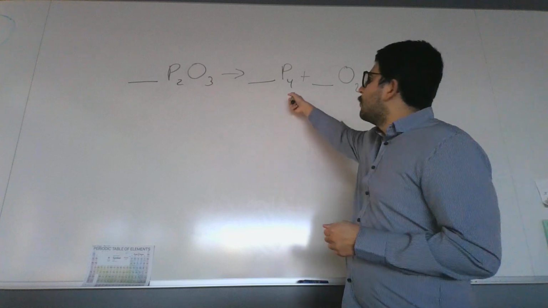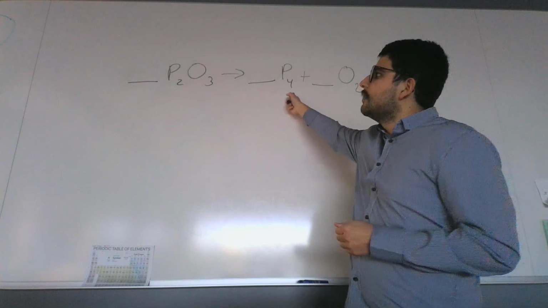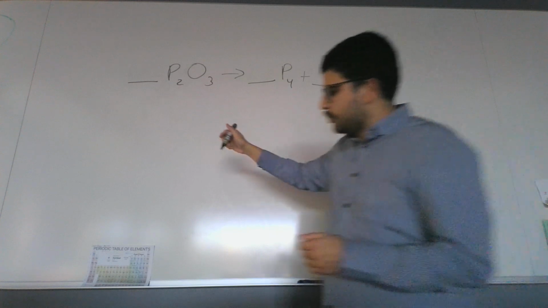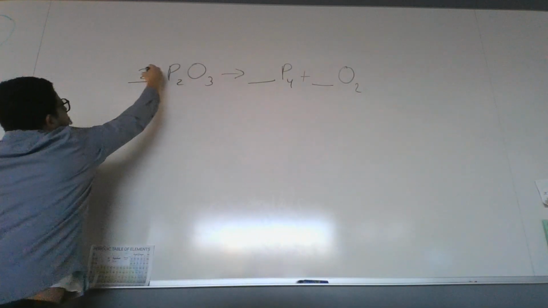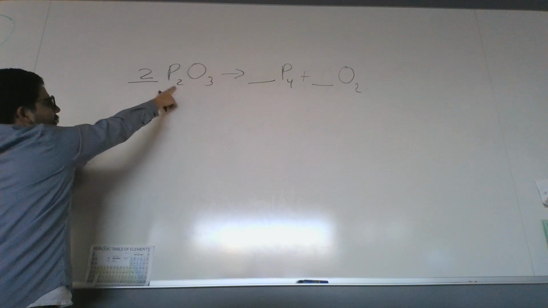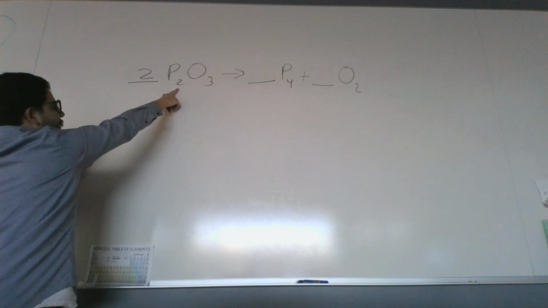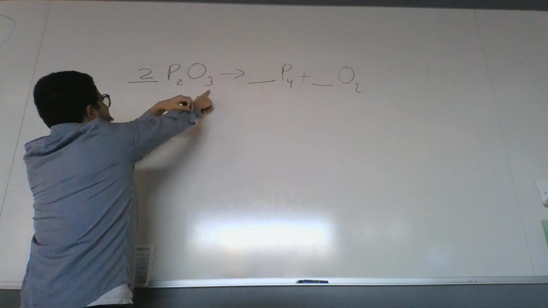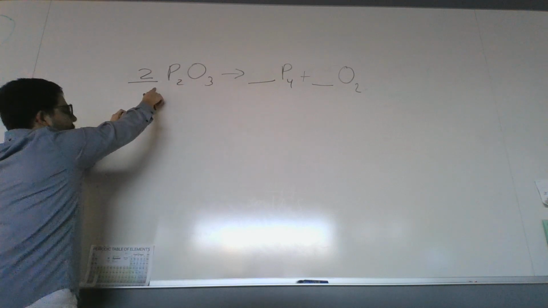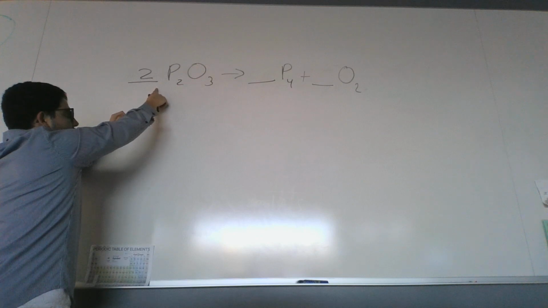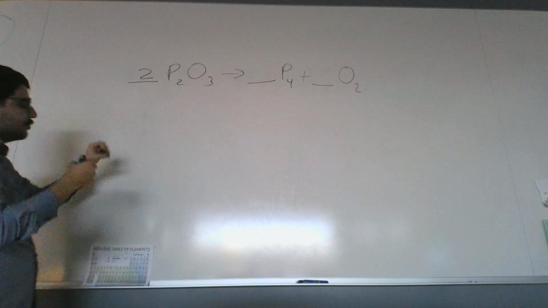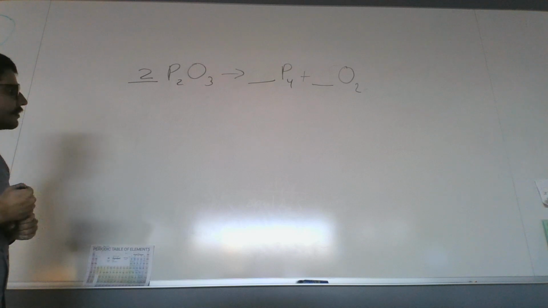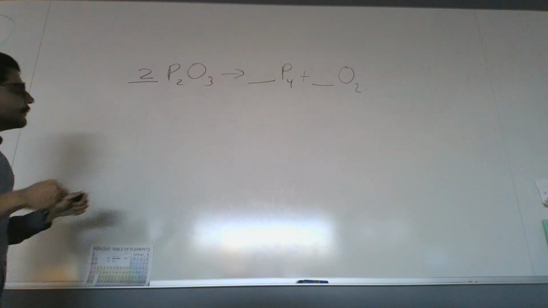Since we have 4 phosphorus atoms on the right, 2 on the left, we're going to add a coefficient 2, because this 2 multiplies this phosphorus by 2, making 4 on this side. But this also distributes into the subscript 3 on the oxygen, creating a total of 6 oxygen atoms on the reactant side.